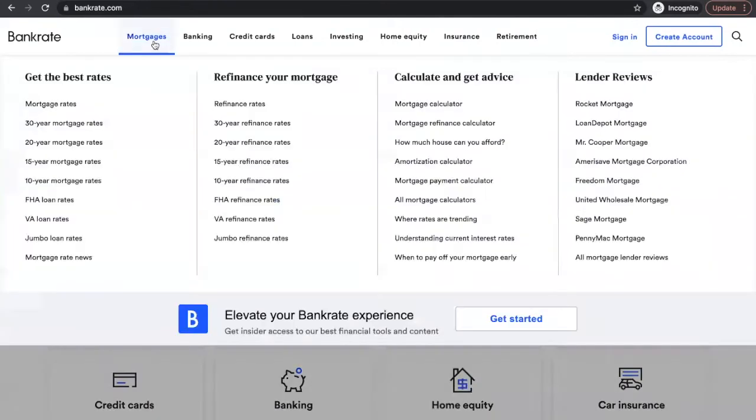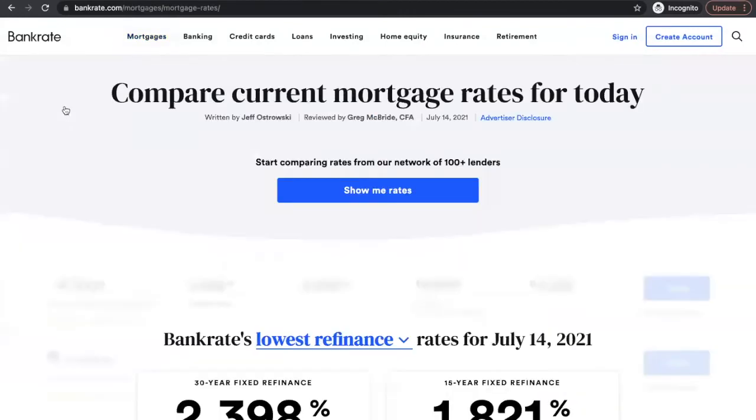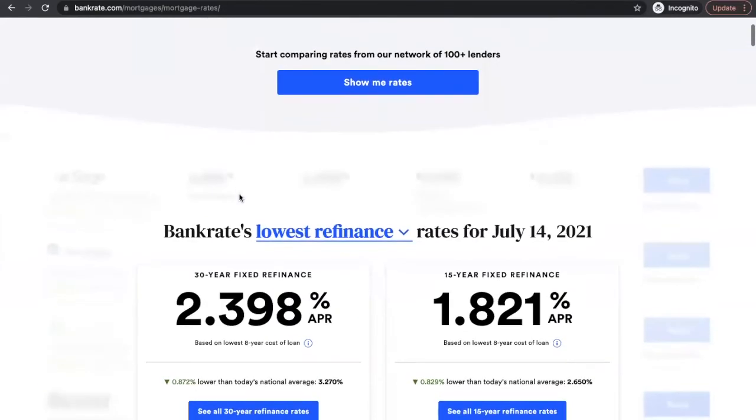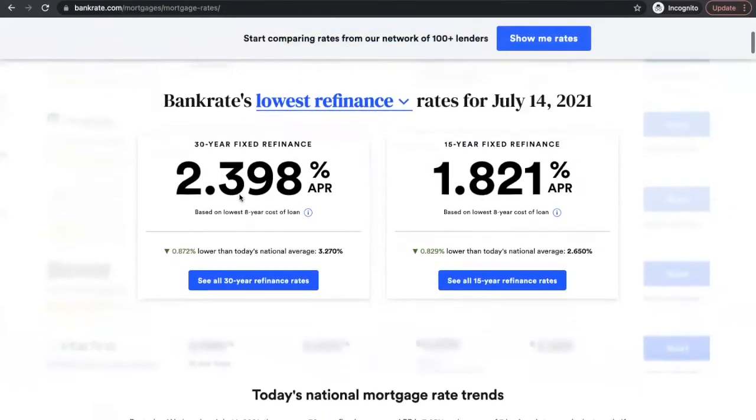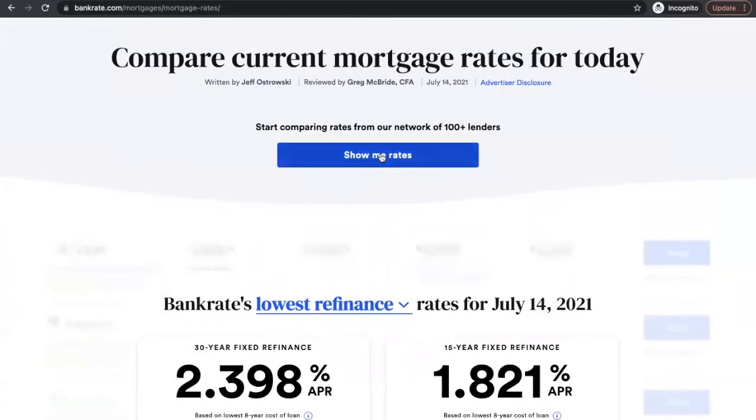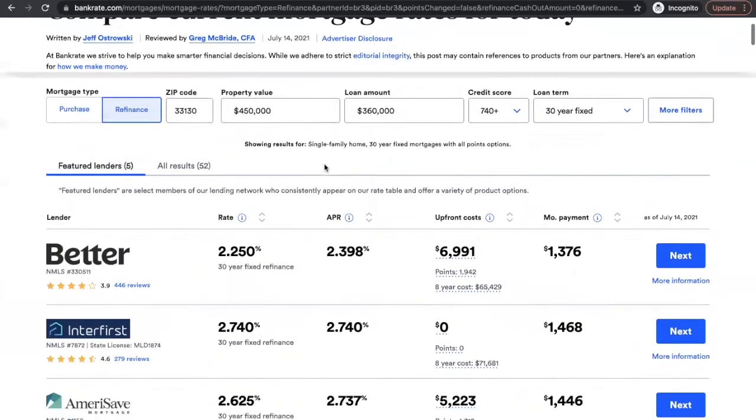If you're coming here to check out mortgage rates, which is a very common thing for lead traffic to do, you have all these different options for rates. You can do refinance, purchase rates, but 9 times out of 10, the navigation is going to take you to the Bankrate rate table.